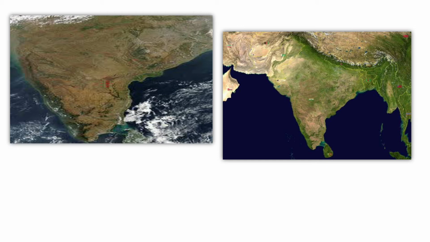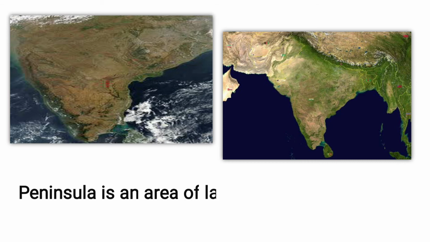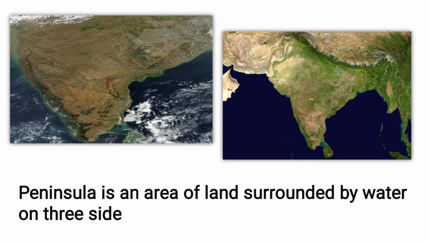It is steep, narrow, and you can see it is surrounded by water from three sides. You can see here the boundary of India, the lower part of India, it is surrounded by water.